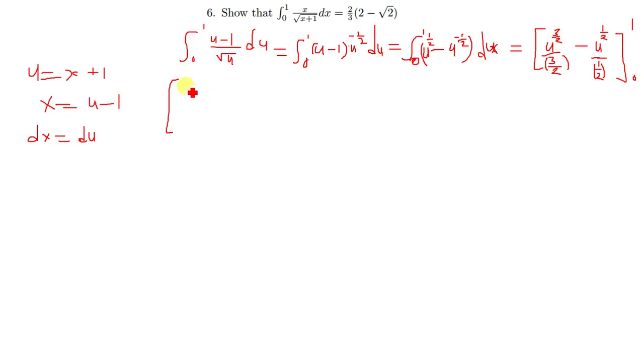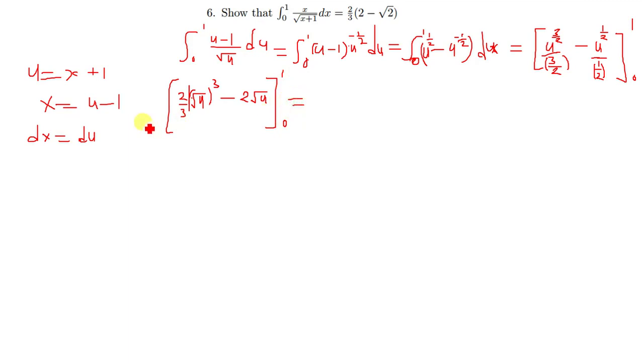That expression can also be written as 2 over 3 root u to the power 3, and then minus 2 root u, and then you write your limits 1, 0.